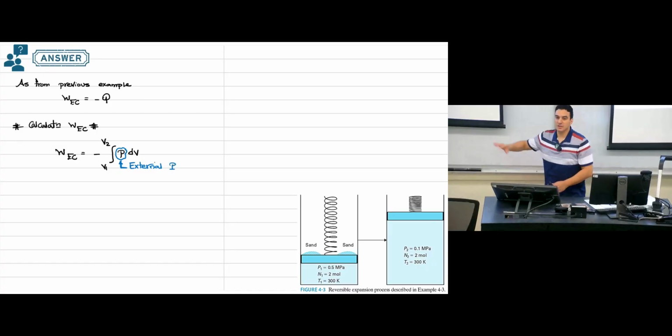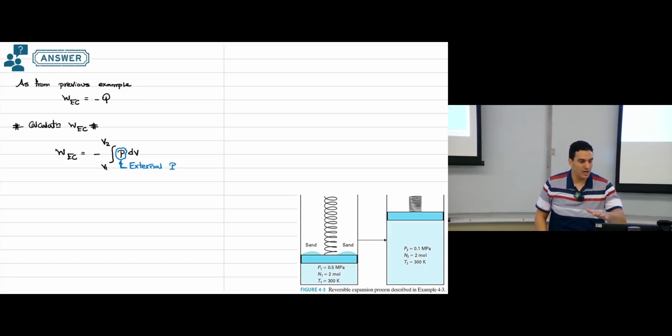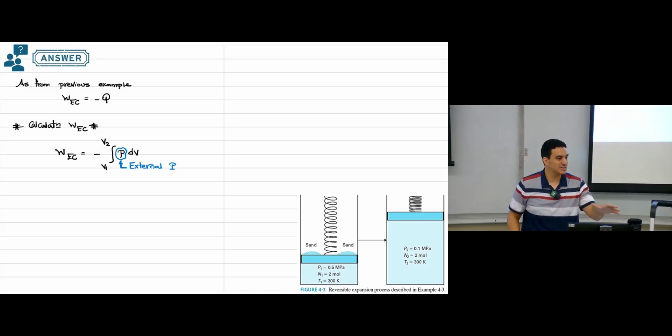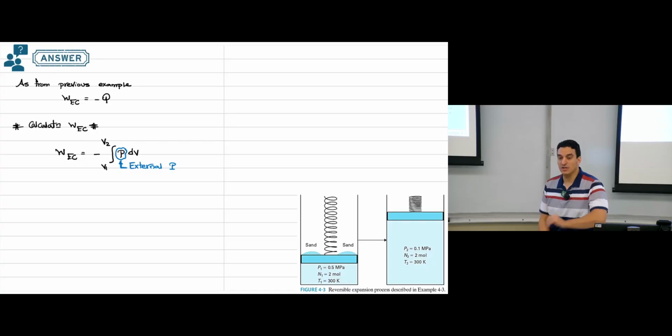if you remember the main characteristics of a reversible process, the process happens in several steps, and these steps are described as equilibrium steps. So this means the surrounding and the system will be at equilibrium.